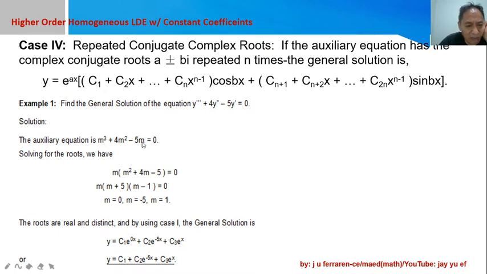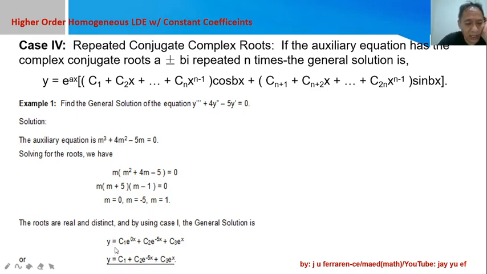Okay, so if you can apply factoring, you may. So the roots are 0, minus 5, and 1. Knowing the factors to be m plus 5, the root of m plus 5 is minus 5. The root of m minus 1 is m equal to 1. The roots have no repetition, meaning they are distinct roots. So this can be covered under case 1. It's the summation of the solutions coming from each root.